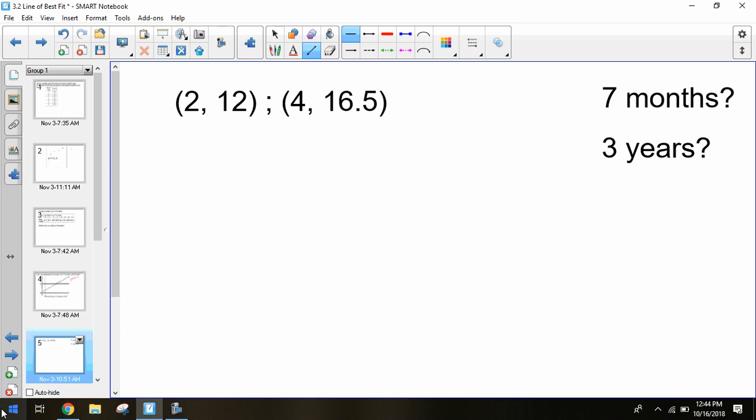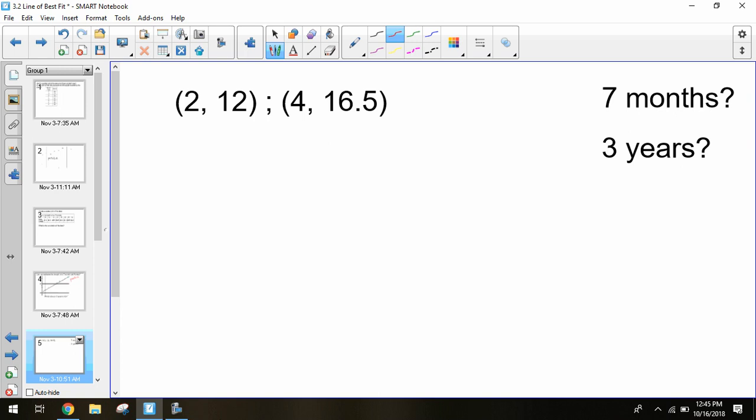So using those skills we learned in the past, we want to find the equation of the line that passes through these points. A quick refresher on how we go about that. First thing we want to find is the slope of our line. With slope, we do y2 minus y1 over x2 minus x1.